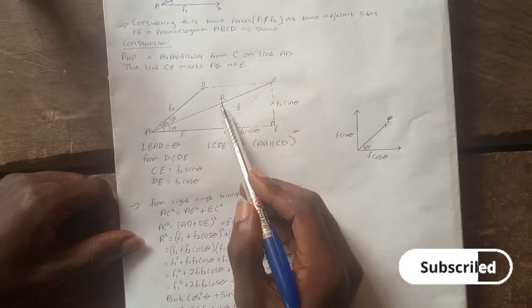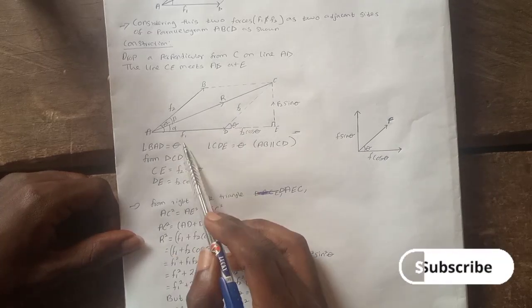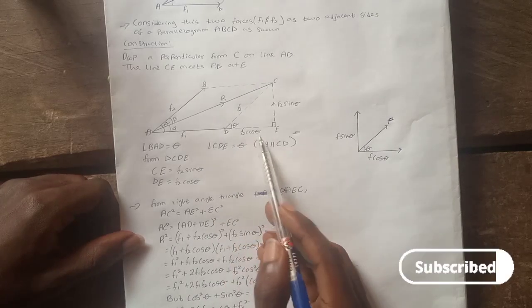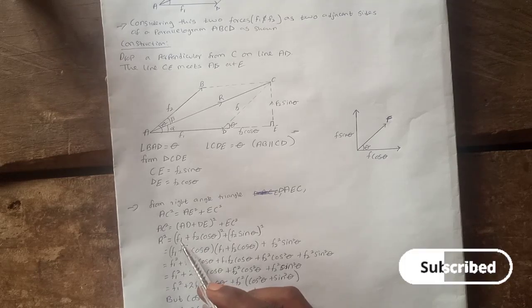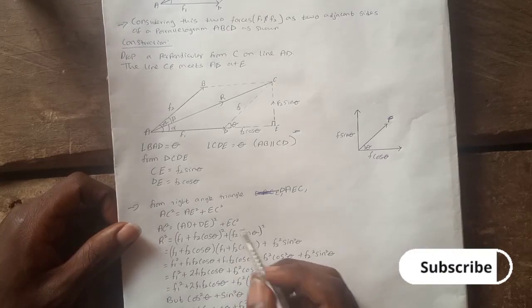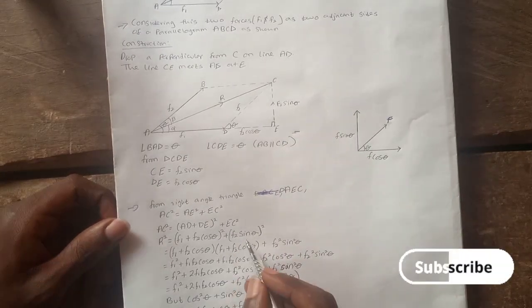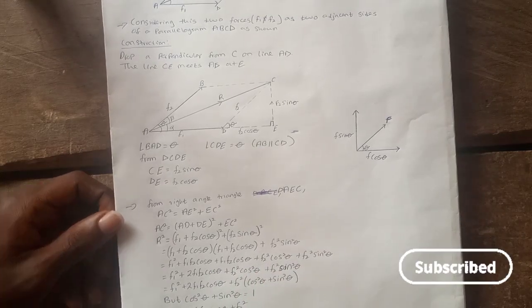AC is R, which is the resultant, so R square equals bracket AD is F1 plus DE is F2 cos theta, which is F1 plus F2 cos theta. Then we square them, plus EC square, which is F2 sin theta, then we square them.